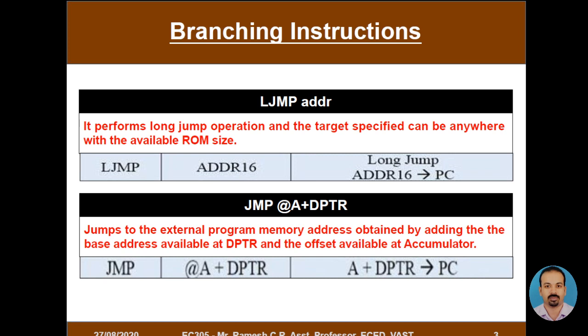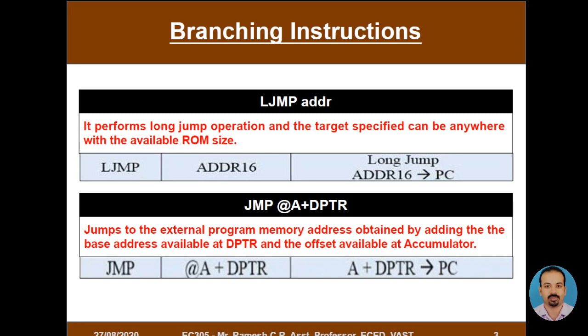Okay, then we have the LJMP address, where the address specified in this long jump instruction is a 16-bit address. So the maximum possible combination is 2 raised to 16, that is 64 KB. So the maximum size of the ROM which can be interfaced with your 8051 microcontroller is 2 raised to 16, 64 KB, because we have 16-bit address lines for this particular controller.